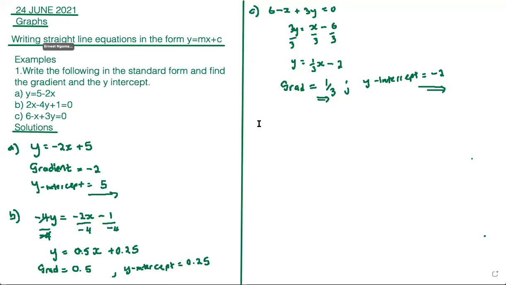Then the last section under straight line graphs is horizontal and vertical graphs.